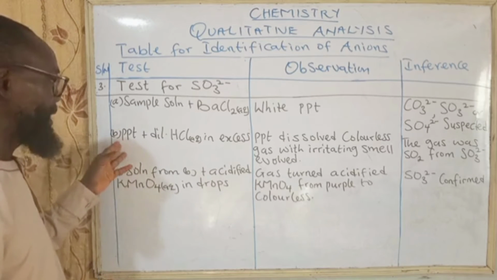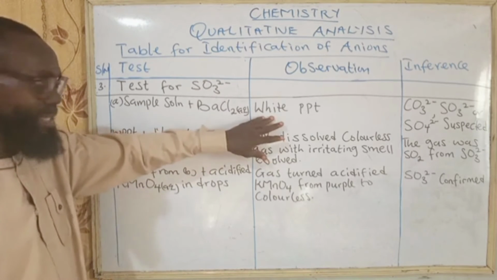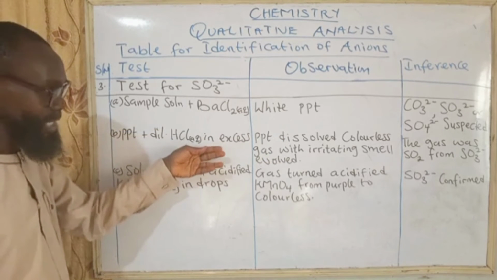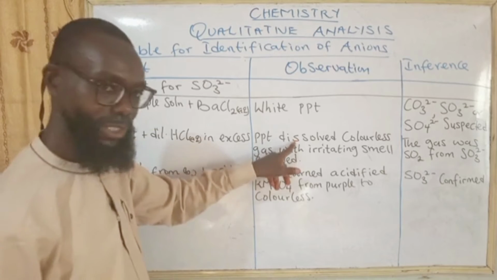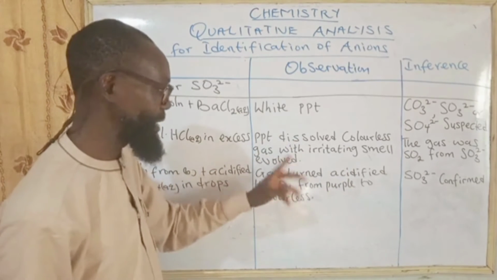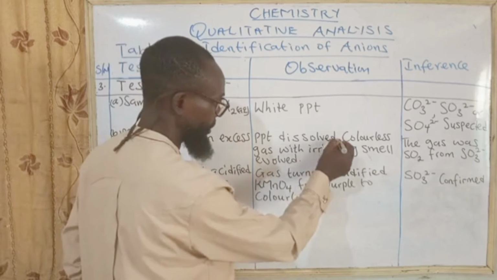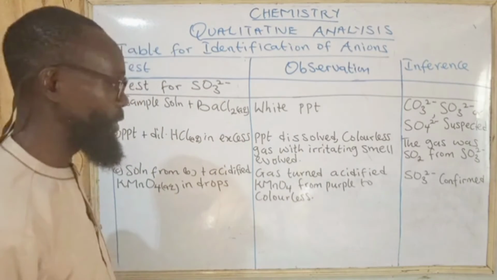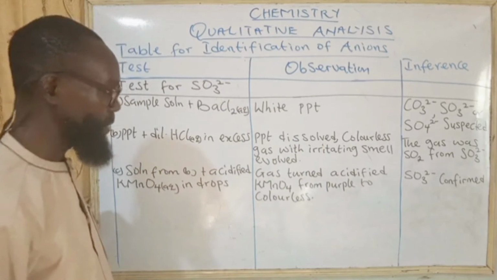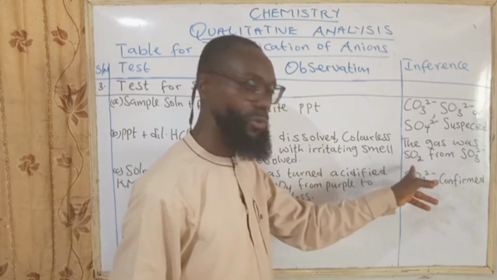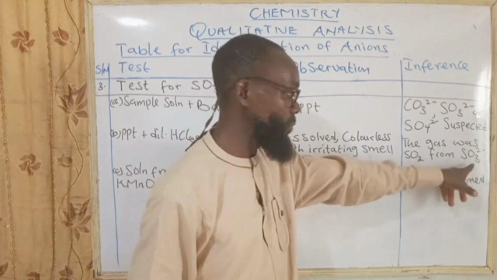The second part: this precipitate that is formed here plus dilute HCl in excess. The precipitate dissolved, and a colorless gas with irritating smell evolved. The inference is that the gas was sulfur IV oxide from sulfite ion.